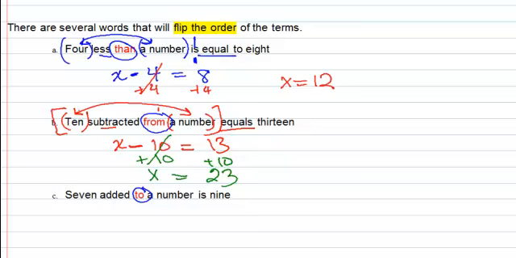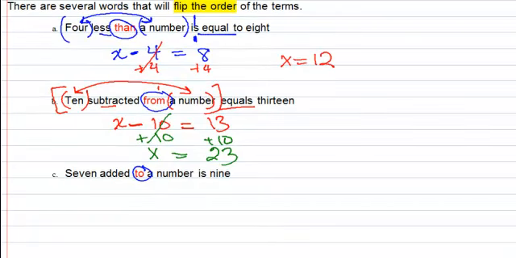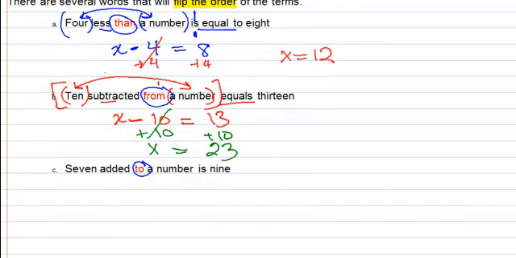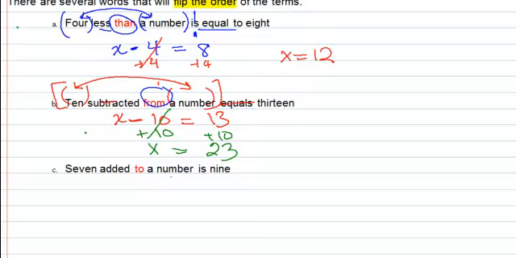You may notice I'm going through these a little bit more quickly, but remember that these are really just a repeat of things that we've already done. The only thing that we've added here is an equal sign. Here again we have 7 added to, so that "to" is again flipping the order. We are obviously adding. There's our equal sign, so we're adding. What are we adding?